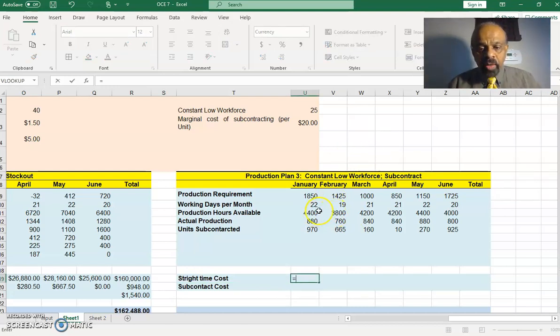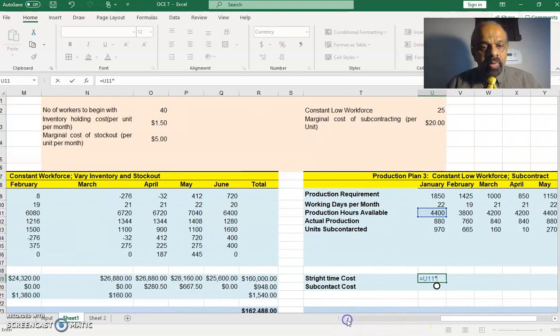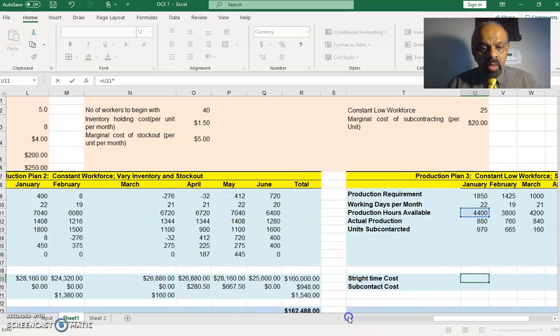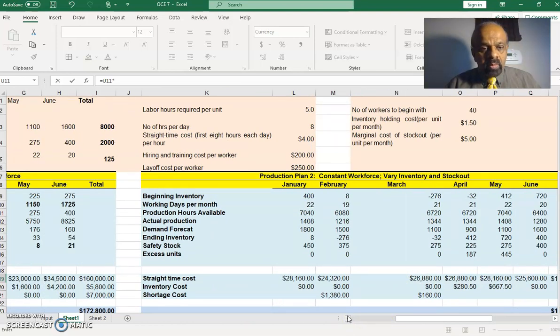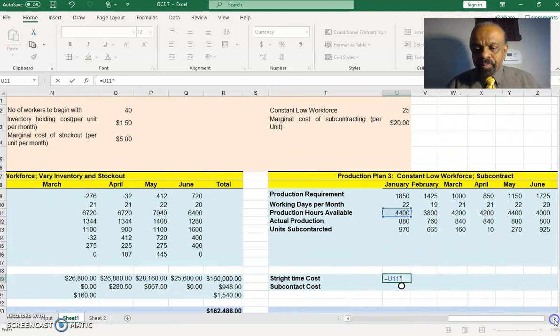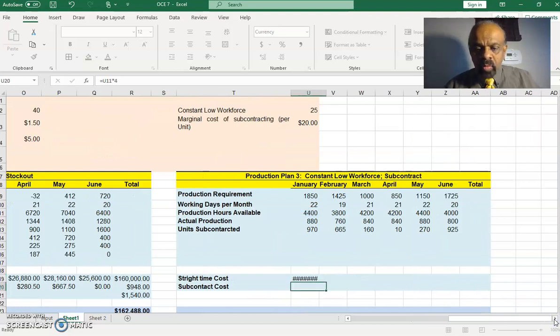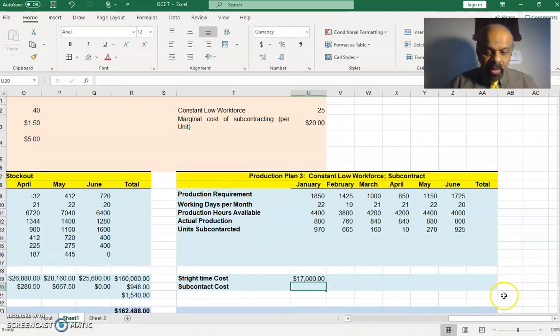So production hours available is 4400 times how much per straight time, which is given as $4. So we're going to multiply by 4, and that comes to 17,600.